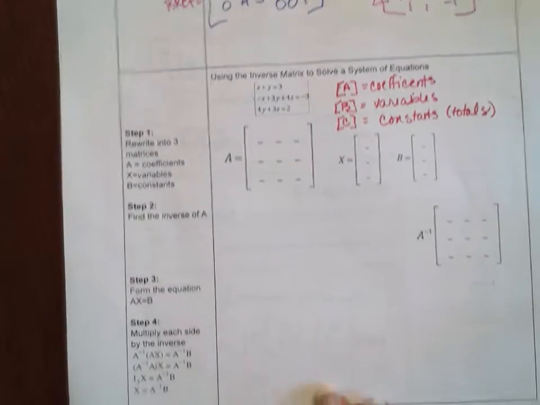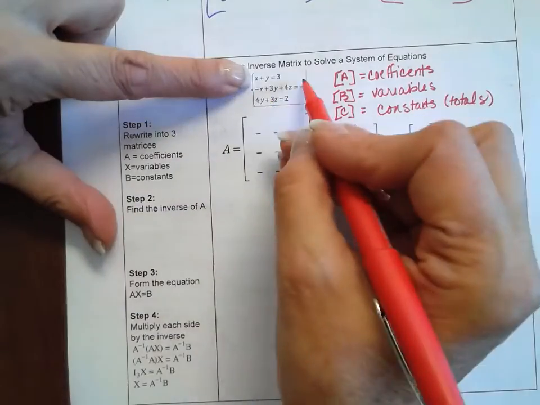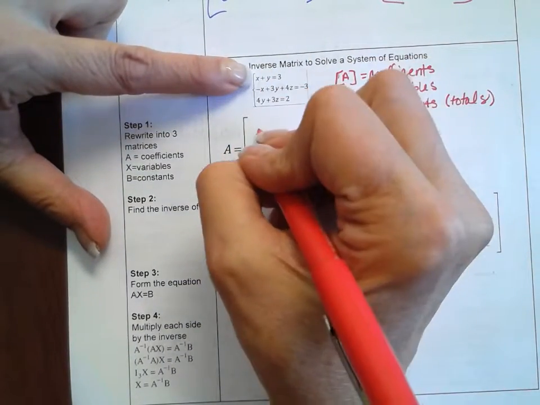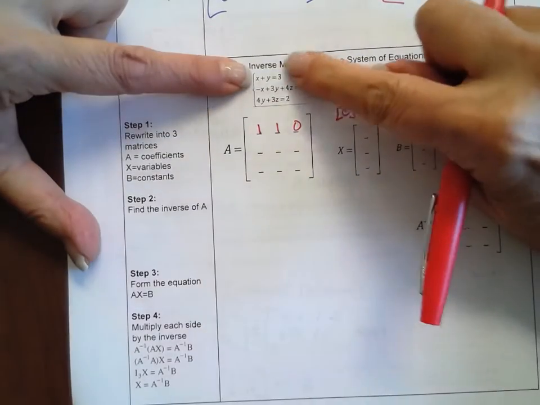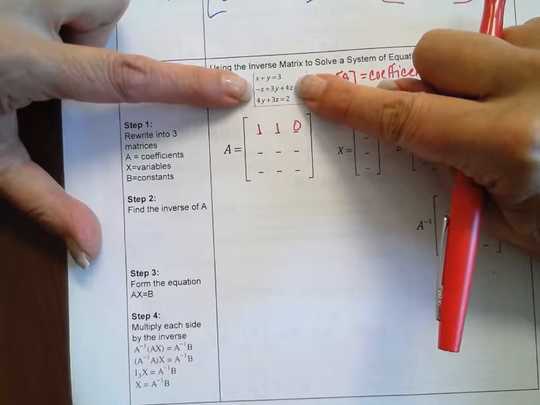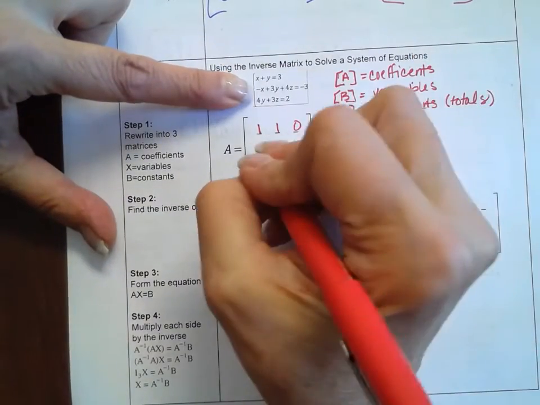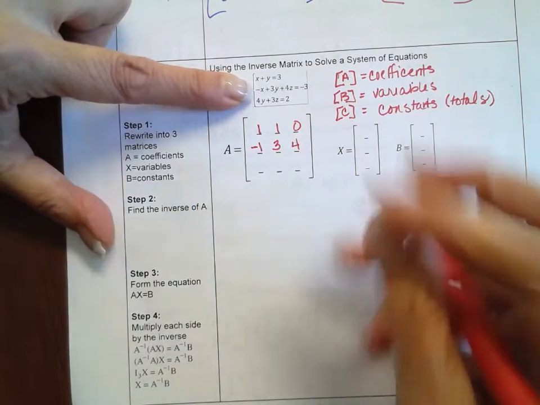Oops, sorry, it helps if I have it up there. Okay, so if I rewrite here, I'm going to have 1, 1, and 0. Because I'm not worrying about the 3 yet, I'm just writing the coefficient part. So my second line is going to be negative 1, 3, and 4.